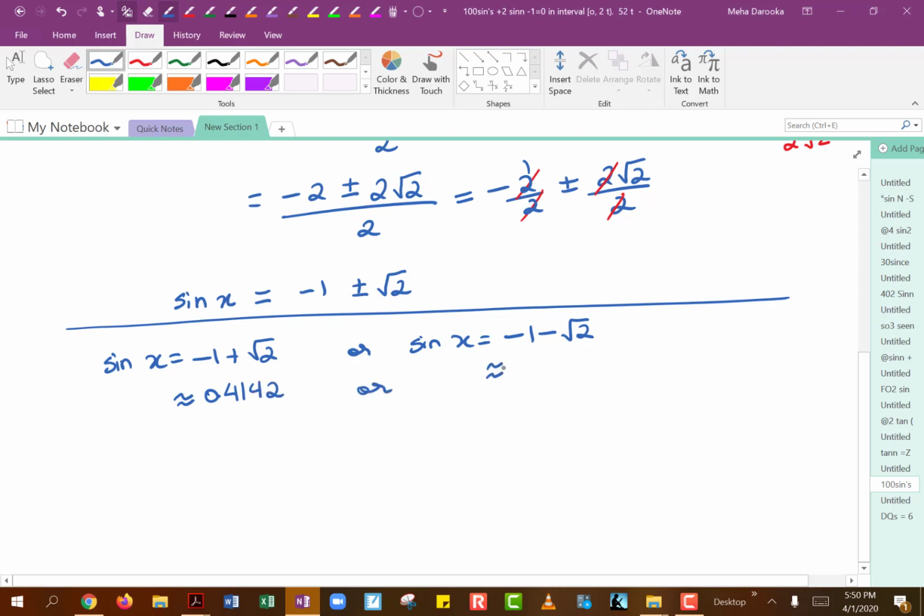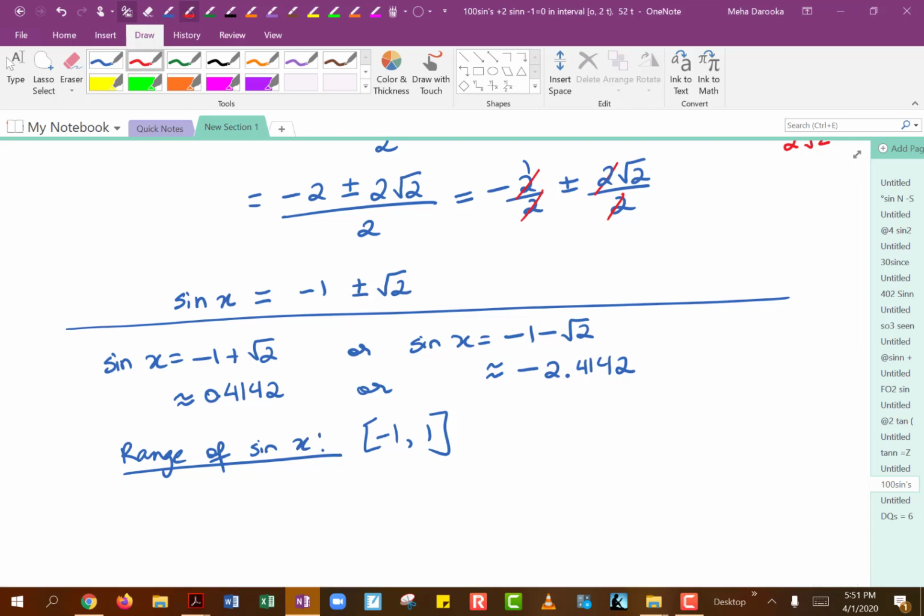And for the other, it's coming out to be approximately -2.4142. So again, remember guys, the range of the sine function only goes from -1 to +1.